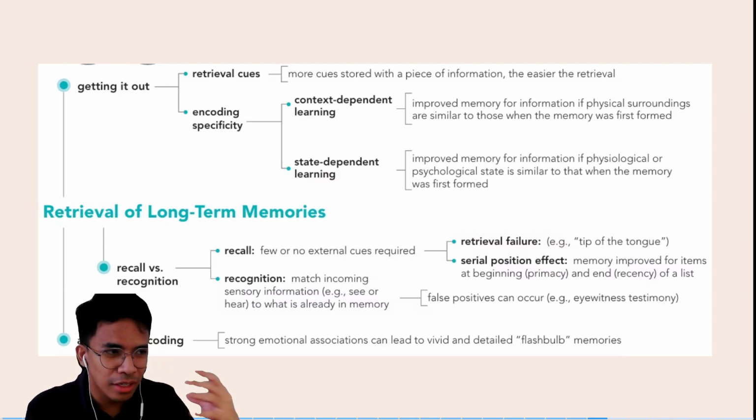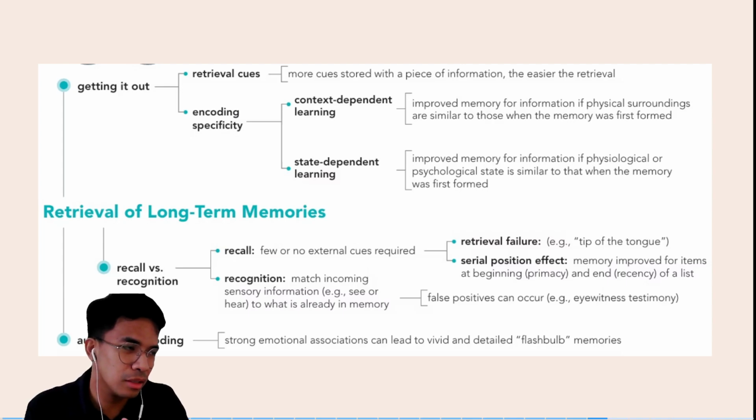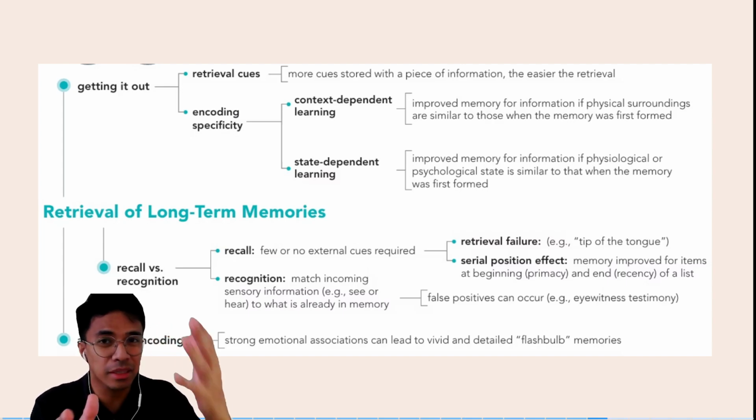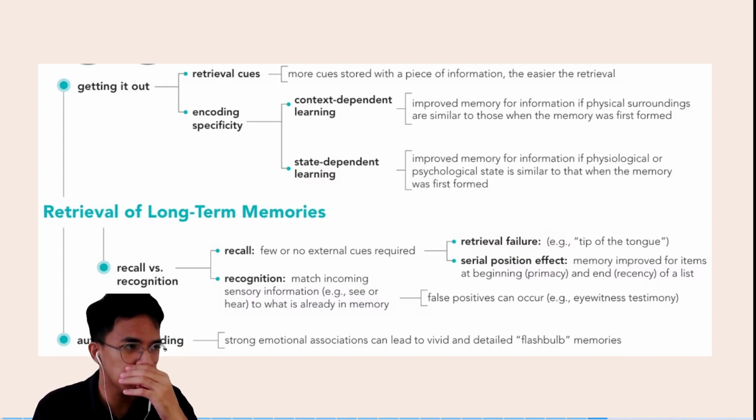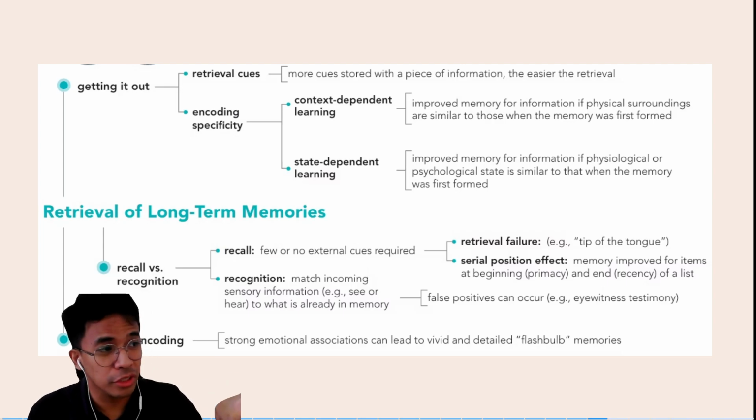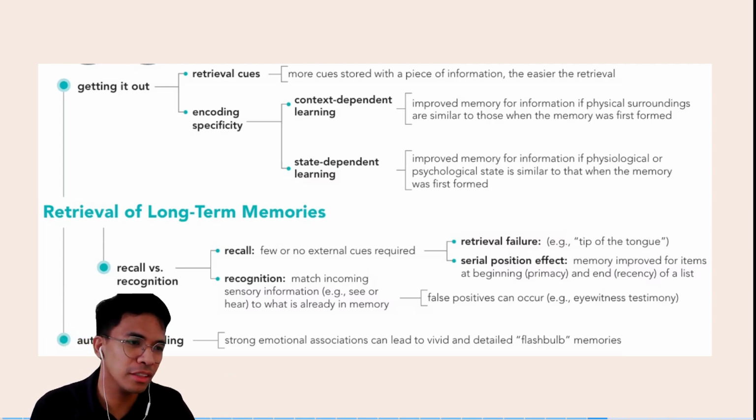But this also has an effect in Dr. Loftus's study, that sometimes false positives can occur. You think that's really what you saw, but that's not really what happened, right? Your memory doesn't necessarily match reality. And then we also talked about retrieval failure and the serial position effect. And lastly, automatic encoding that is sometimes due to a strong emotional connection.